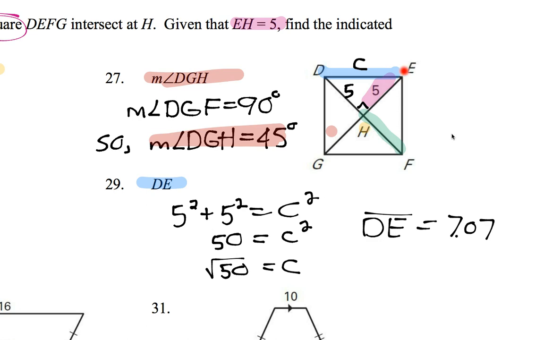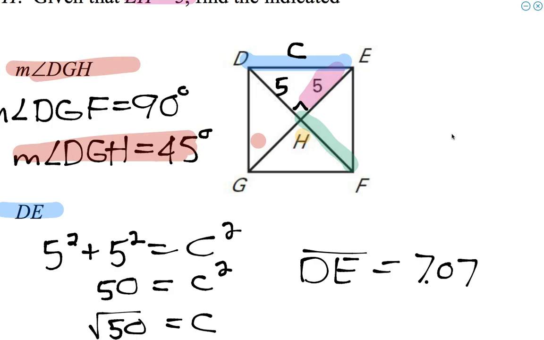You could also do that by looking at the big triangle and say if this is A and this is B, it's a square, so they're actually the same thing. So 5 and 5. Let's say this is X and X because it's a square.